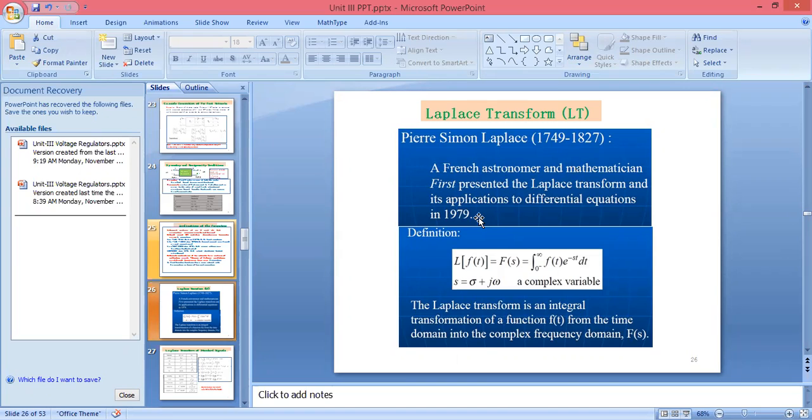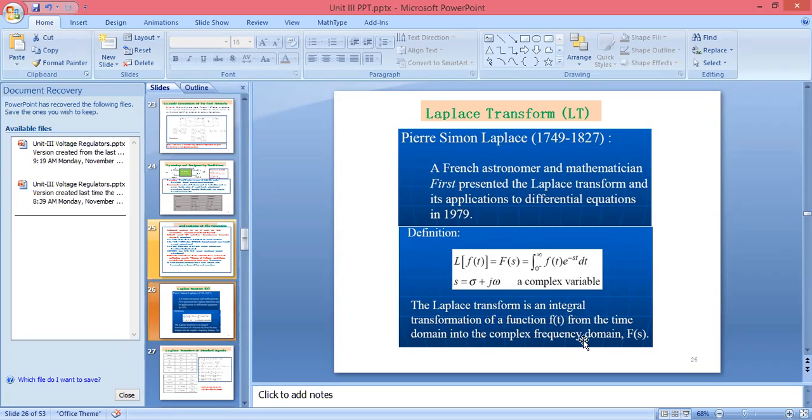The Laplace transform is a method for solving differential equations because it offers advantages over the classical method. Laplace transform is an integral transformation. Transform means what? It will transform a function from the time domain to the complex frequency domain.